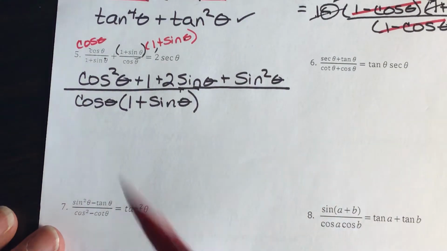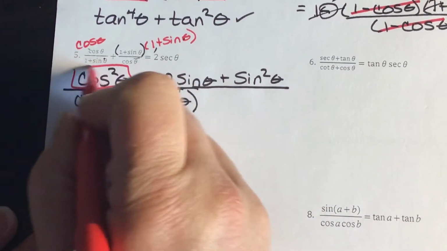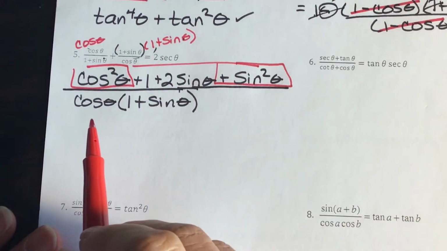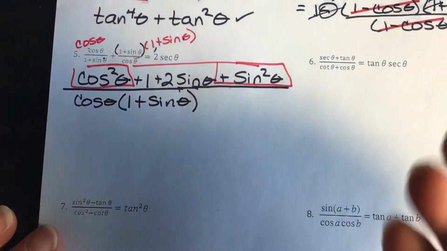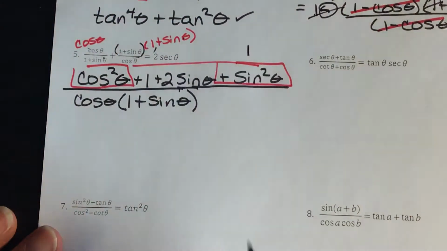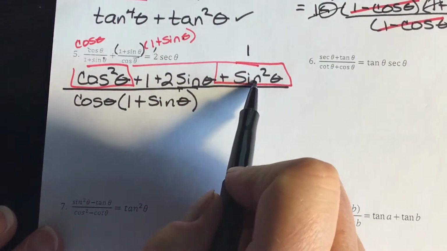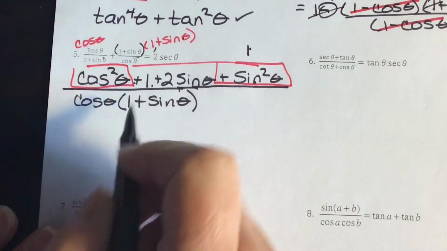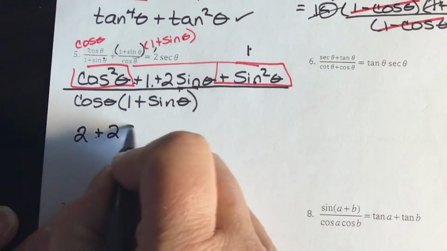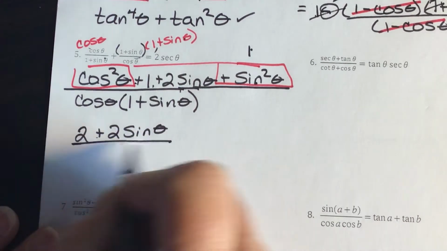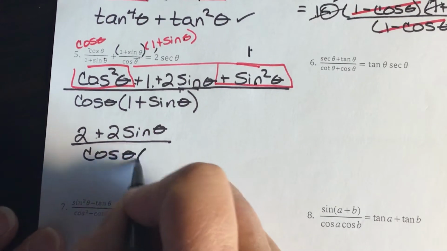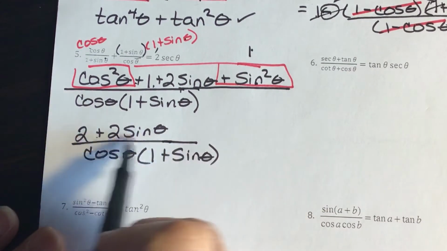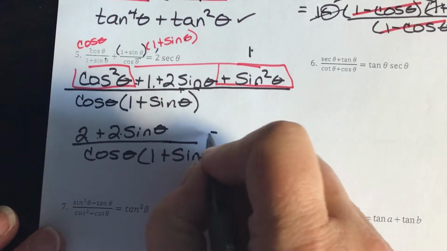All right, so noticing that cosine squared plus sine squared will give me a 1. So I'm left on top with a 1 here. Sine squared plus cosine squared is 1. So that gives me 1 plus 1 is 2 plus 2 sine theta over cosine theta and 1 plus sine theta. Now here I can factor out a 2.